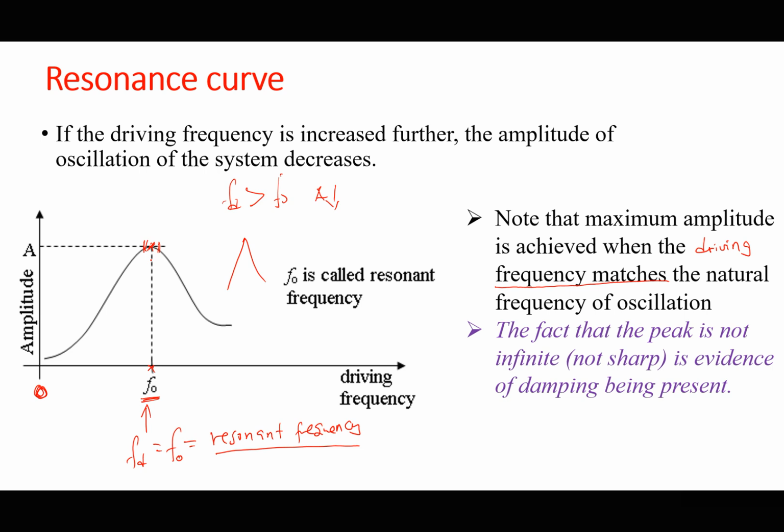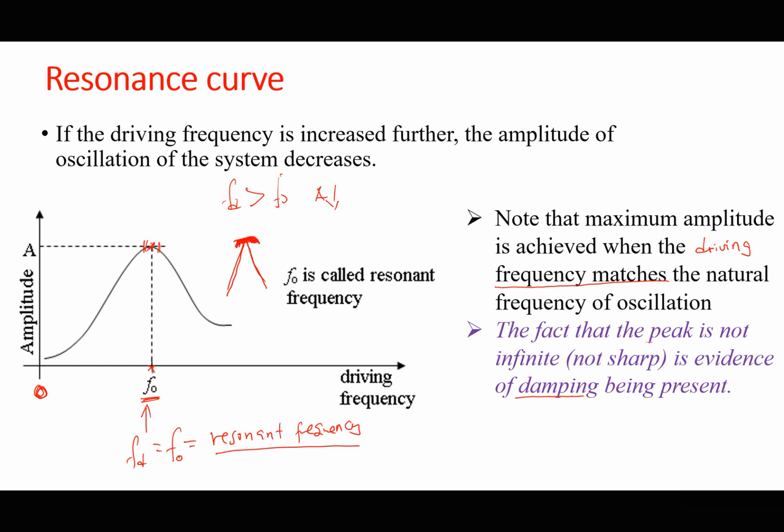That range of frequencies can only be explained by the fact that there could be damping, because if there was no damping, then the amplitude would rapidly go to maximum and rapidly go to minimum. But because there is damping, we have a range of frequencies for which the amplitude is almost maximum.